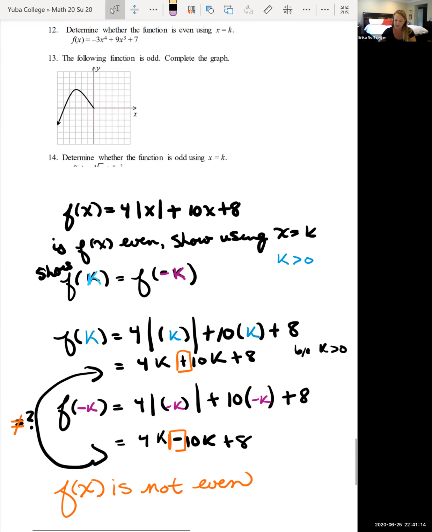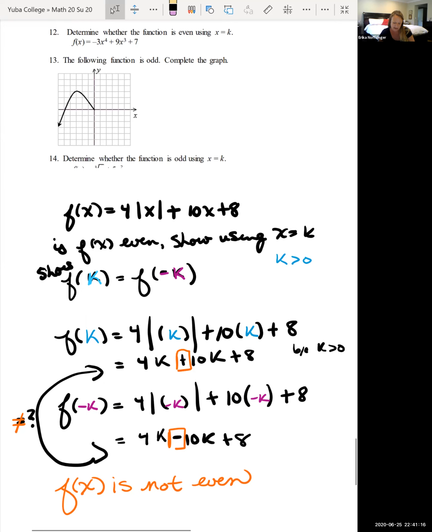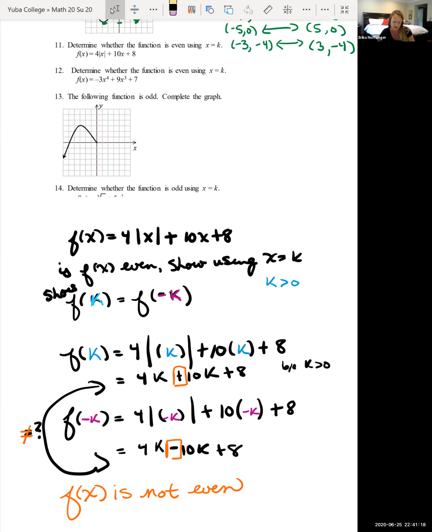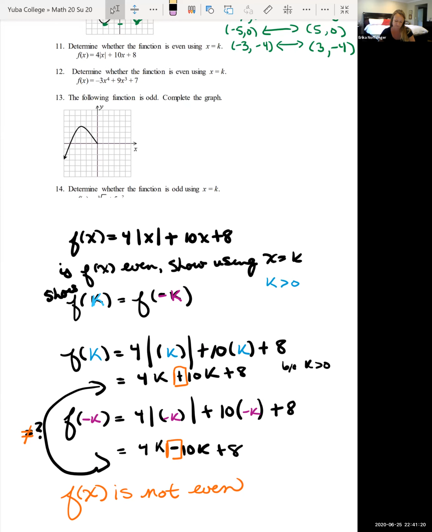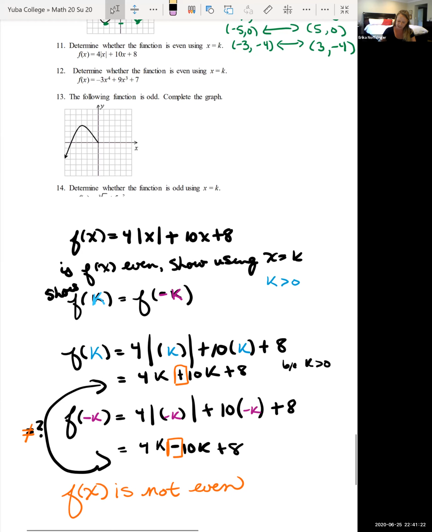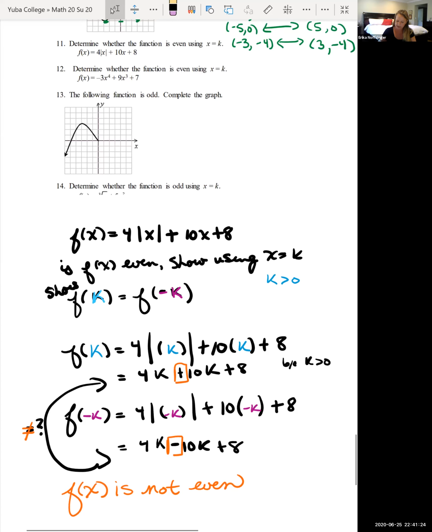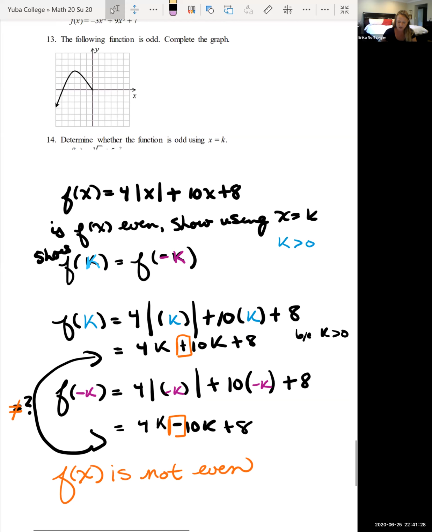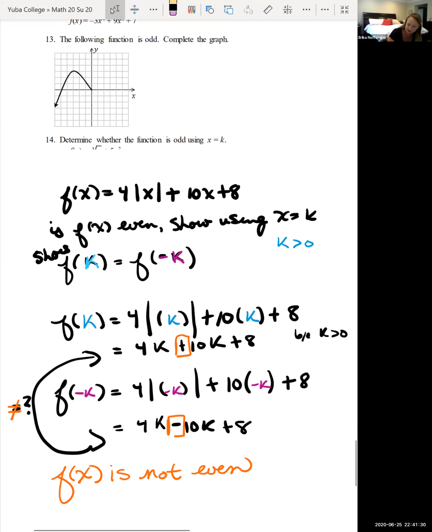So same sort of idea, you could test that 12 was the same, similar. So let me just kind of jump to 13. So looking at this, you're given that you have an odd function. So recall what it means to be odd.